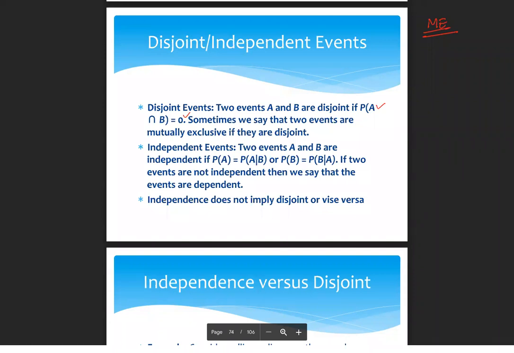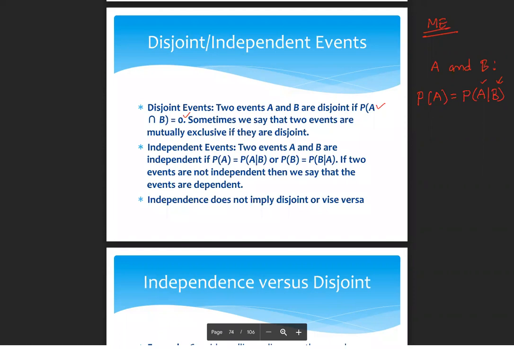So two events are independent. Let's say you have two events, A and B. Events A and B are independent if the probability of A is the same as the probability of A given that some other event B has happened. If the occurrence of B does not impact the probability of A, we call the two events A and B independent.